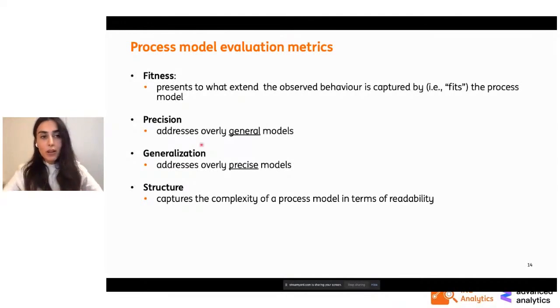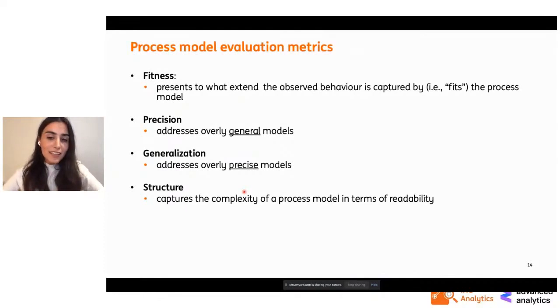So the metrics in process modeling include fitness, which quantifies the extent to which the discovered model can accurately reproduce the cases recorded in a log. Precision shows the proportion of the behavior represented by the model which is not seen in the event log.